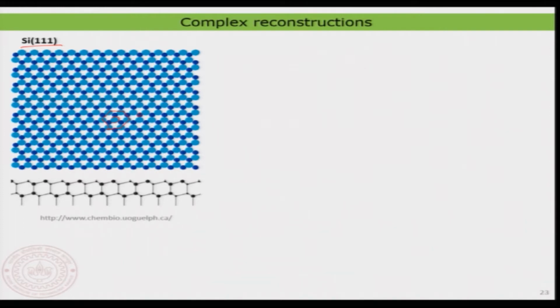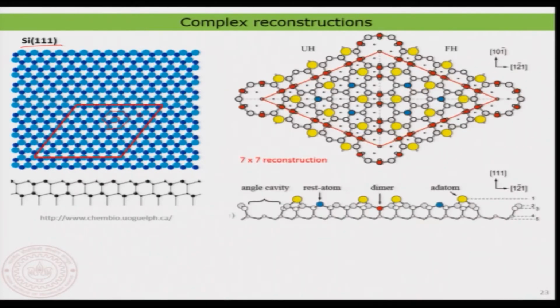But the interesting thing is, when you look at the surface in reality, this is what you actually end up with. You have an extremely complex reconstruction on the surface. It is hard to understand at first, but let me try to make you understand this.